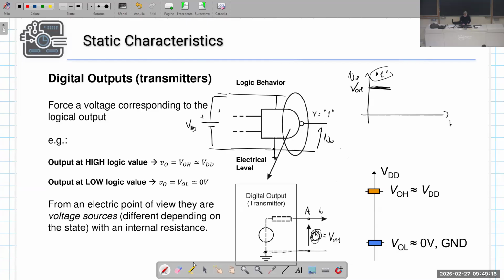When the output should be forced to a low logic level, so when the output is expected to be 0, the output voltage is forced to a different voltage called VOL, which is typically 0 or close to 0.